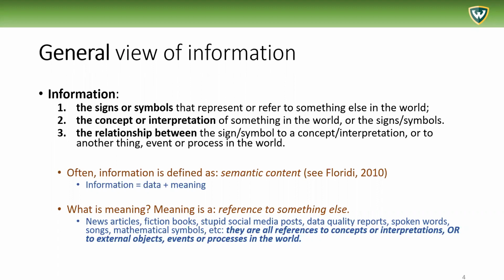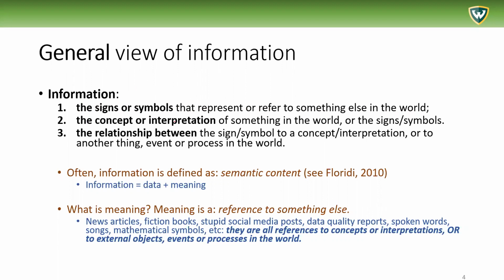In this case, I need to emphasize that there's really three different things going on that people refer to as information. Sometimes they refer to information as the signs or the symbols very broadly. So images, pictures, letters that represent or refer to something else in the world. That's one way people refer to information.